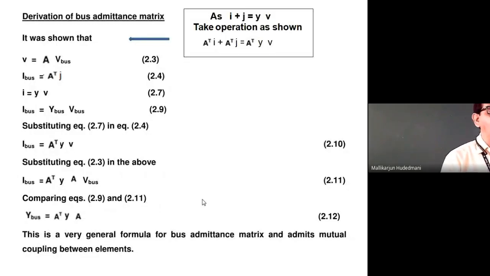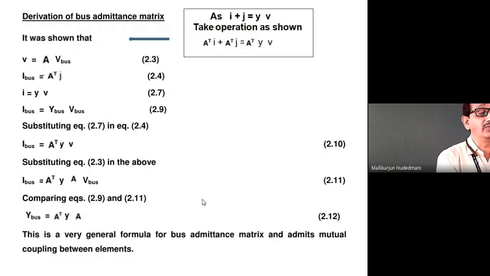As you can see at the right side corner, I have put an equation I plus j equal to y into v. What is exactly this? It should be I bar plus j bar equal to y matrix into v bar.